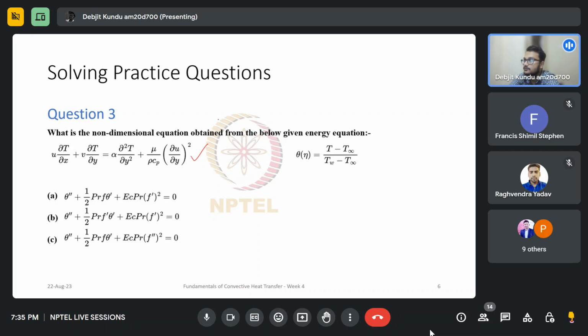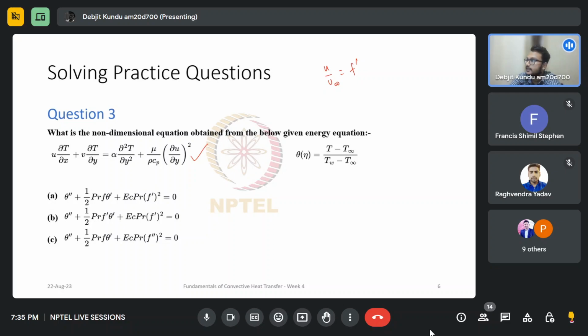Which one would correctly represent this non-dimensionalized energy equation? Okay, so F over here comes from the Blasius type solution. So U over U infinity is equal to F prime, if you remember.